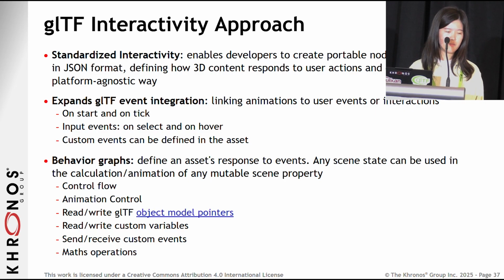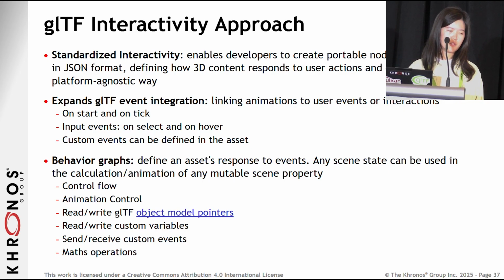Any scene state can be used to calculate or animate the mutable properties in the glTF. For example, we have control flow, so your typical for loop, if else, switch, that's all available. You can control animations. You can play and stop predefined animations in the glTF assets.